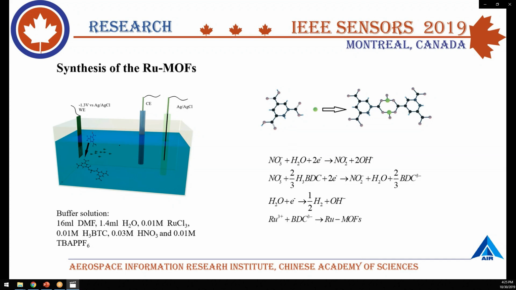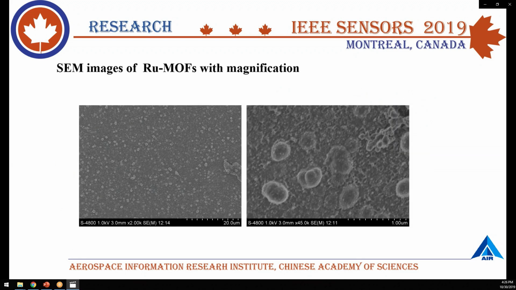The ruthenium ions and the deprotonated linkers trigger self-assembly. It will lead to the formation of MOFs on the electrode. The SEM images of Ru-MOFs are shown in the image.